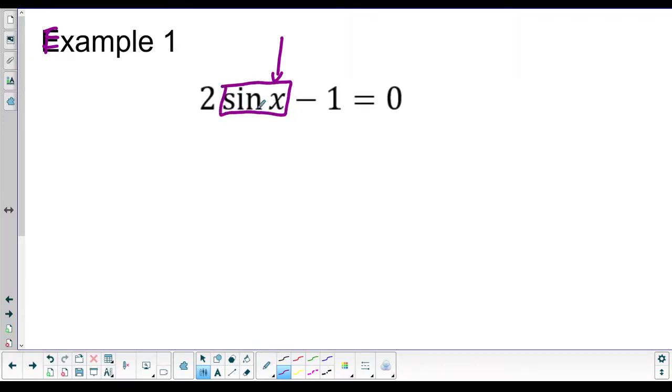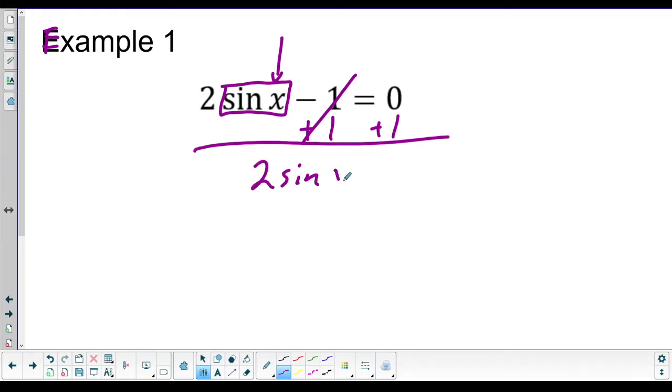So let's try and just get sine of x by itself first. So we're going to move this minus 1 over by doing the inverse operation. So we're going to move the 1. So we have 2 sine of x equals 1. And then this 2 is just multiplying the sine of x.